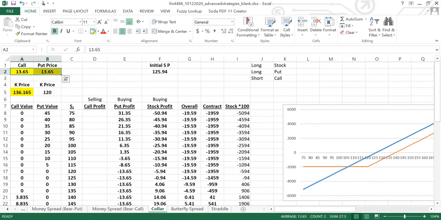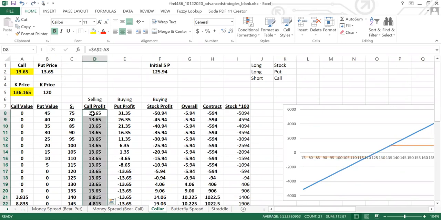So with the cash I am getting from writing the call option, I am able to pay for the put option that protects me from downside risk. So in this case, if that happens, then we go back to what we had before. The moment we add this call option that we're selling, basically, you are receiving 13.65 in this case as premium for the call, which is completely covering the cost of the put. So you're basically getting the downside protection of the put without taking money from your pockets.